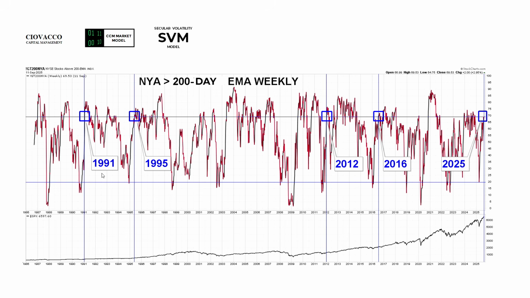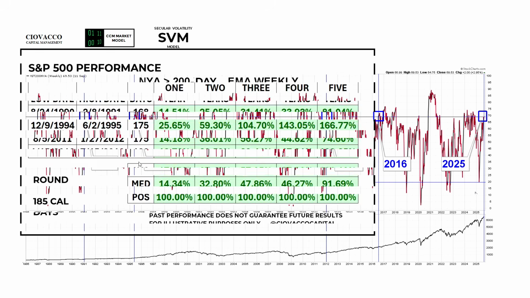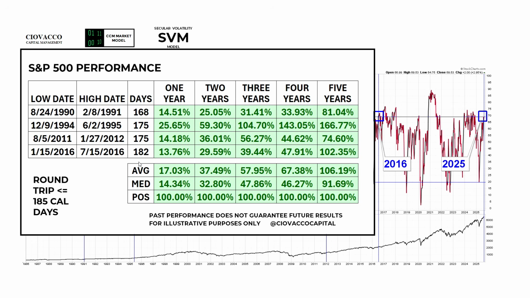Rapid moves have only happened a handful of times: 1991, 1995, 2012, and 2016. In all of those cases, the round trip from the lower blue line to the upper blue line occurred in less than 185 calendar days, which tells us market participants were bullish here.